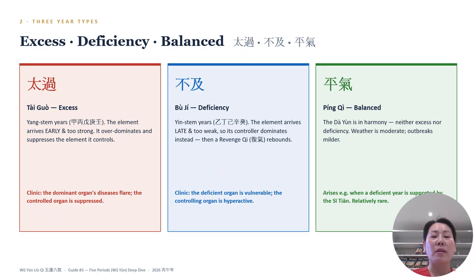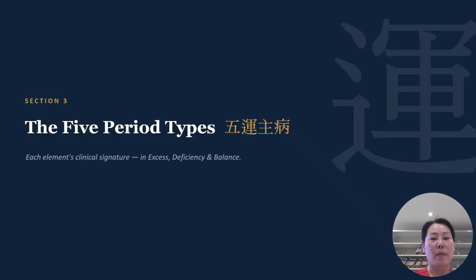True balanced years are fairly rare. Most years lean to excess or deficiency. And for the record, 2026, being a yang Bing year, is firmly in the first box, excess.